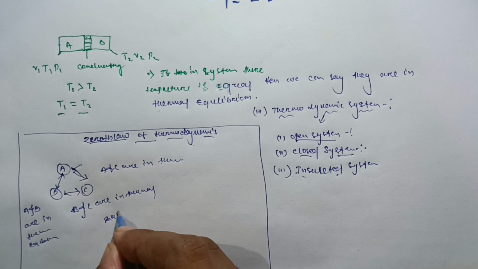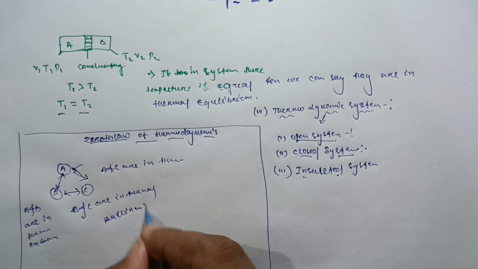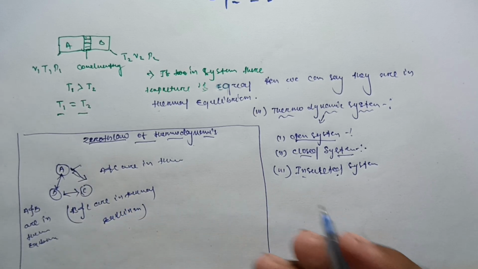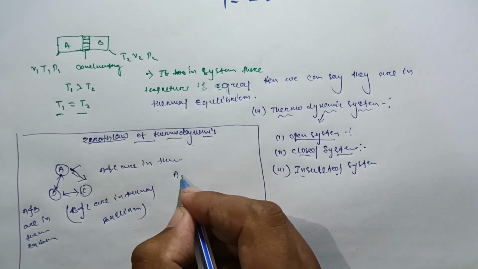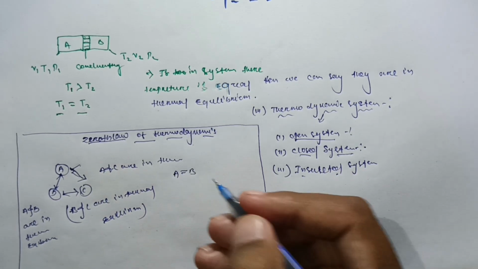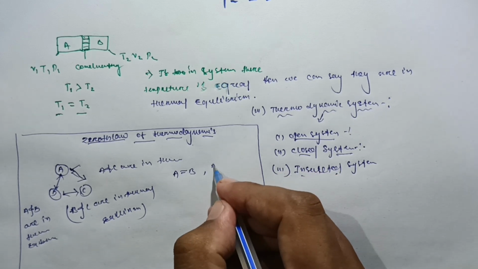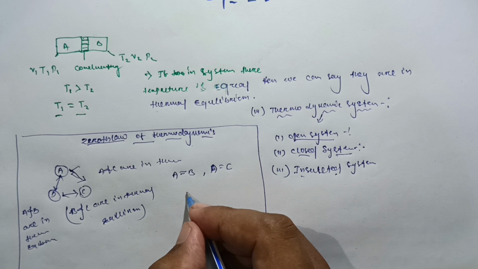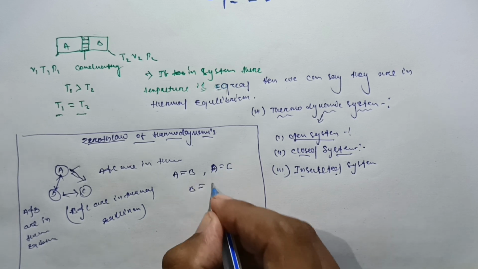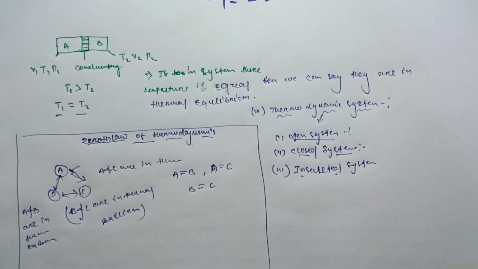In a simple way, if A equals B and A equals C, then we can say B equals C. Okay.